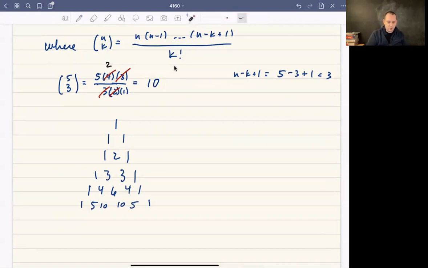We start at the 0th row, so this is the 0th row, and then row 1, 2, 3, 4, 5. We look at the 0, 1, 2, 3rd term, and that's 10. So that's why 5 choose 3 is equal to 10. This is the 10 that we found there. And of course, there's nice symmetry. There's so much we could say about the binomial theorem and binomial coefficients.